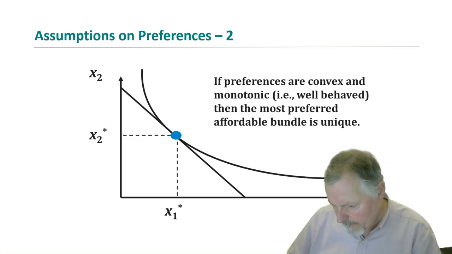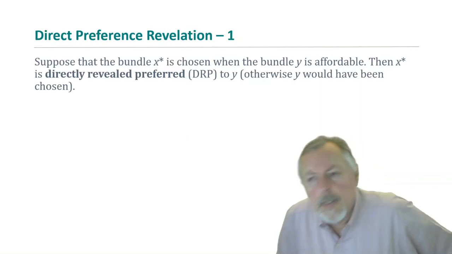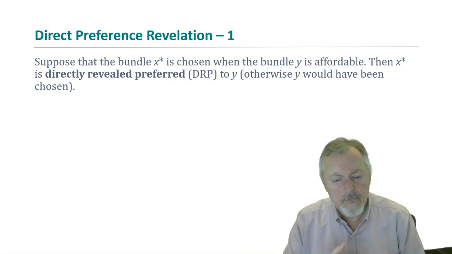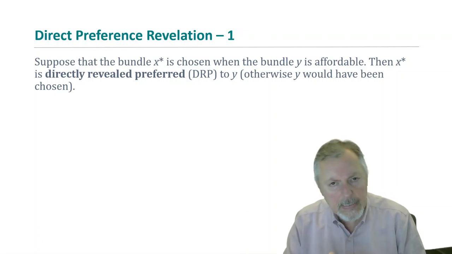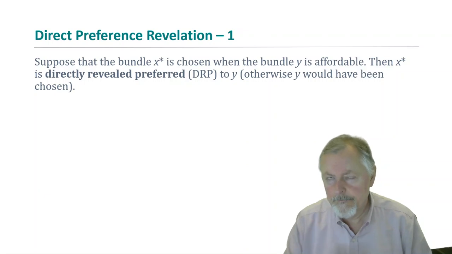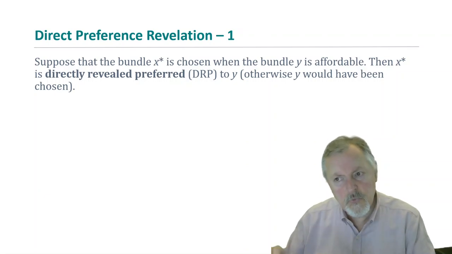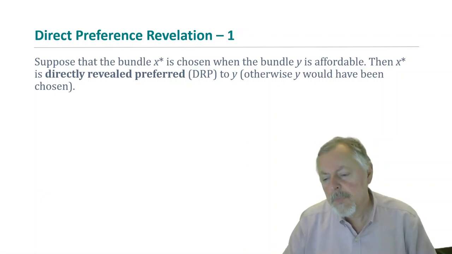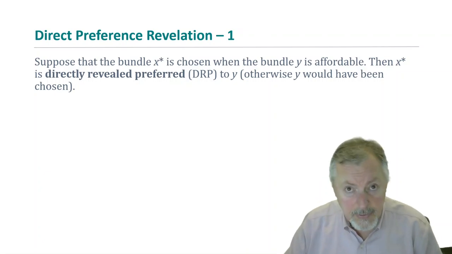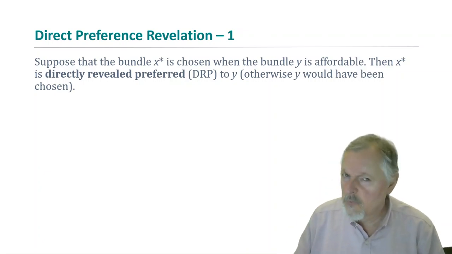We have two ways of defining that a preference was revealed, and from that come two rules. We can say that a preference was revealed directly or indirectly.